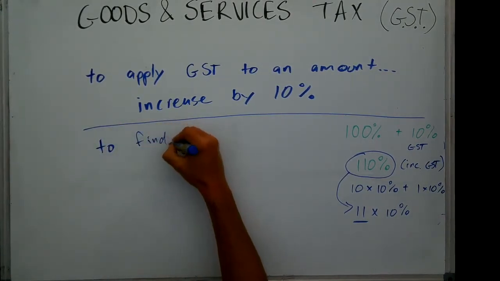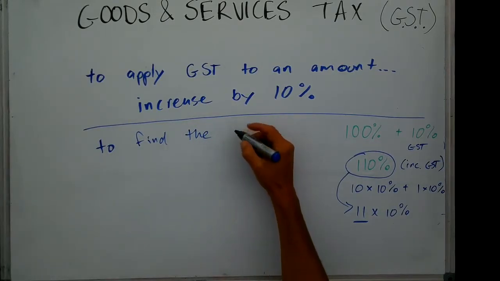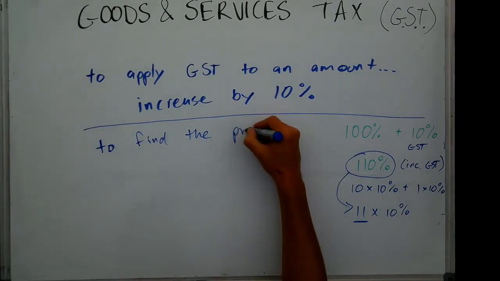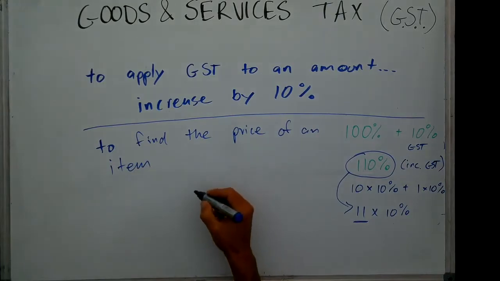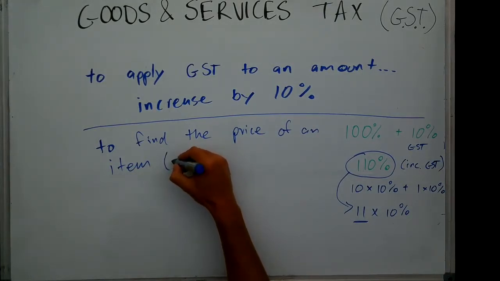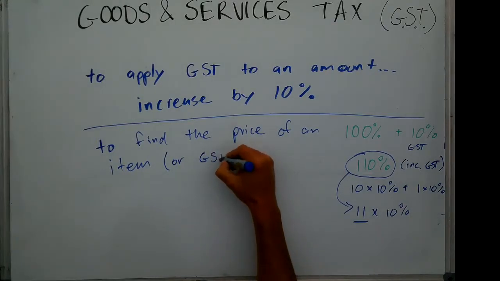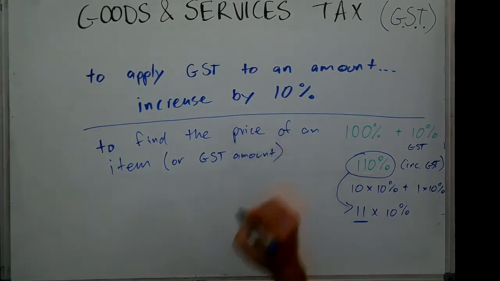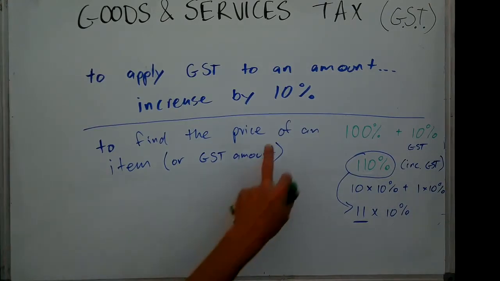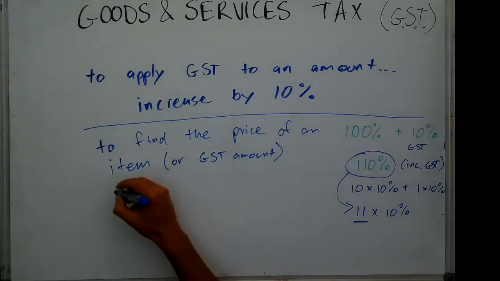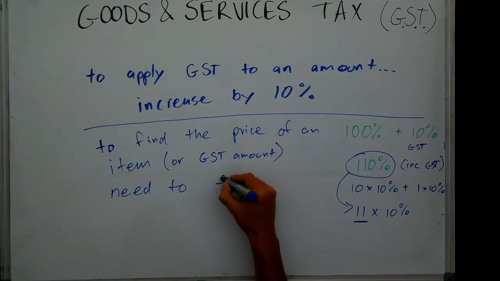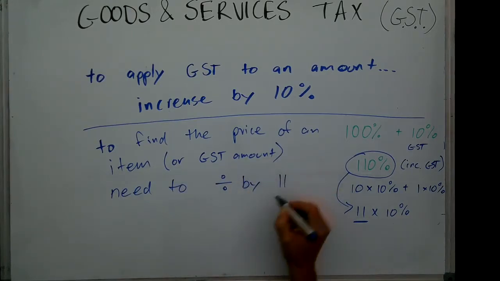So to find the GST amount, because essentially we're just separating the original price and the GST, we need to divide by 11.